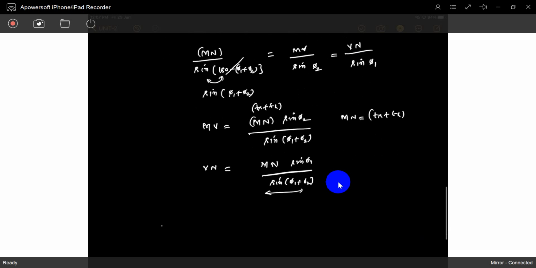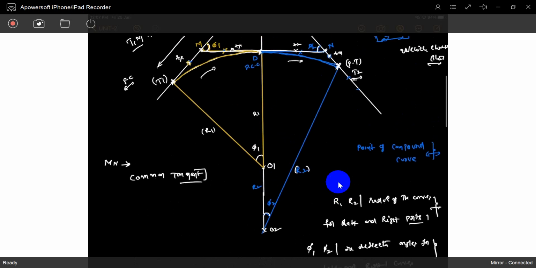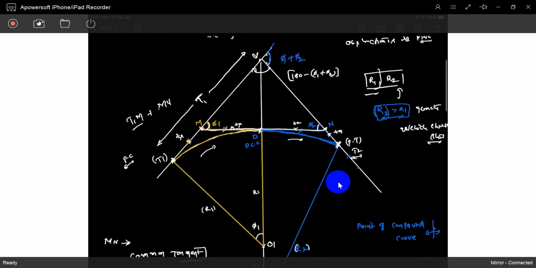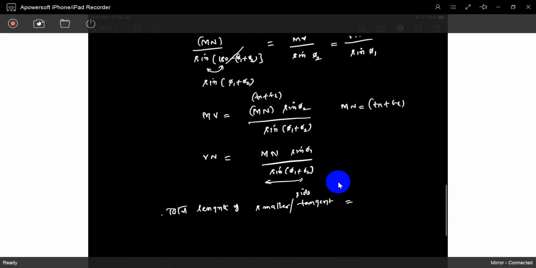So now the total length of the smaller side tangent. Total length means T1m plus mv.